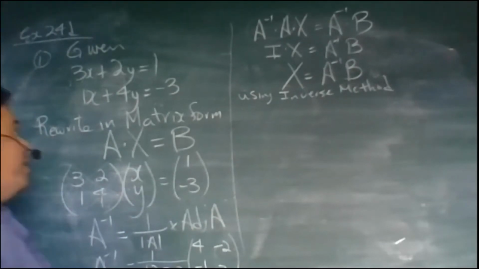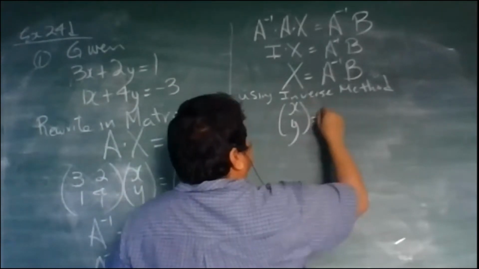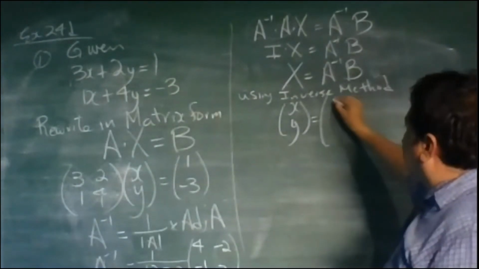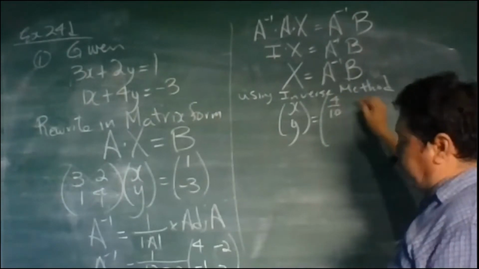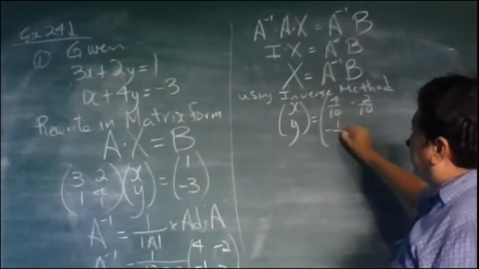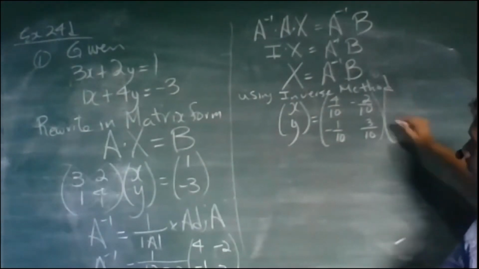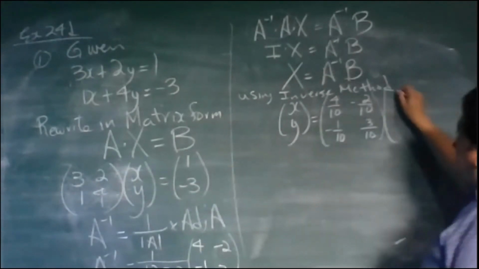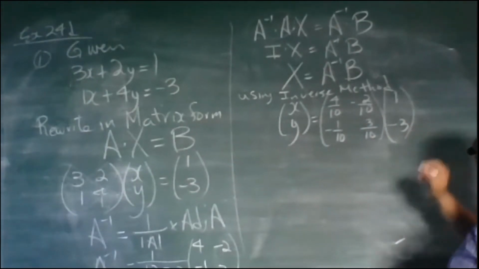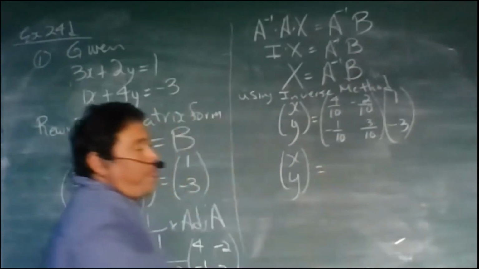So we are going to have here x, y is equal to 4/10, -2/10, -1/10, and 3/10 times the B, which is 1, -3. Now, notice something very important.